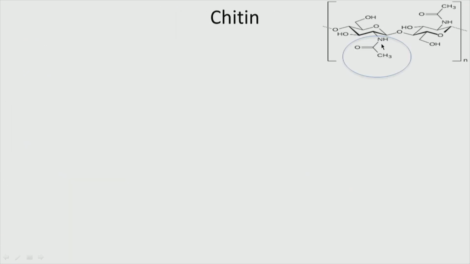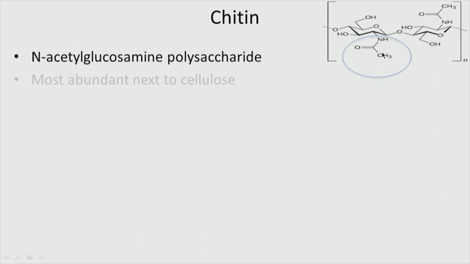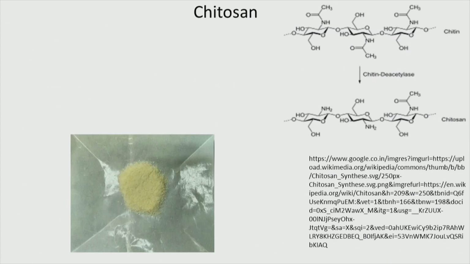Then we also looked at chitin. Chitin, as you can see, has this acetyl on the nitrogen amine connected, so it is an N-acetyl glucosamine polysaccharide, okay. It is most abundant next to cellulose, it is very useful. Then we saw chitosan.